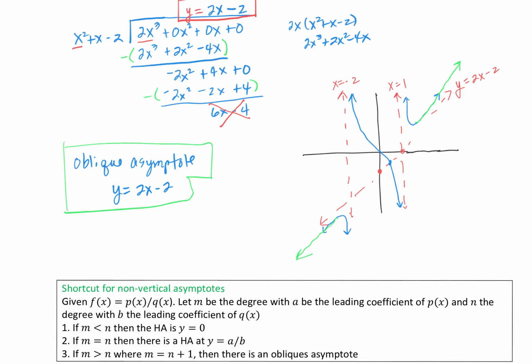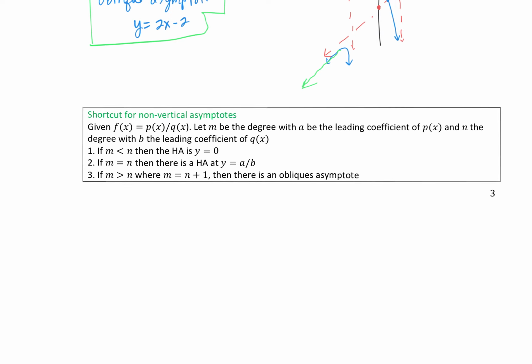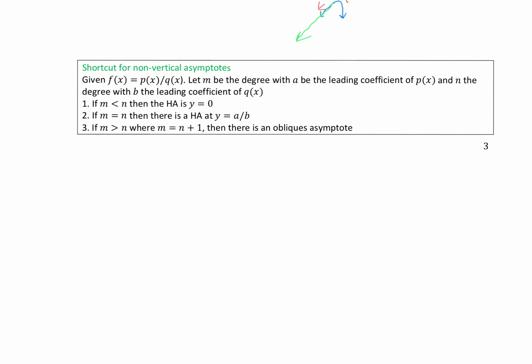Now there is a shortcut when you're finding asymptotes besides vertical asymptotes. So this would be the box at the very bottom. This would be a shortcut for non-vertical asymptotes. So let's say that you have your function which is equal to p of x over q of x.